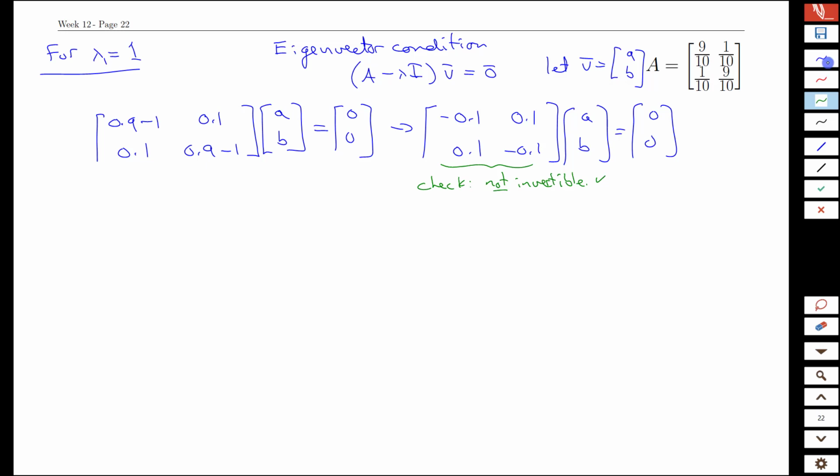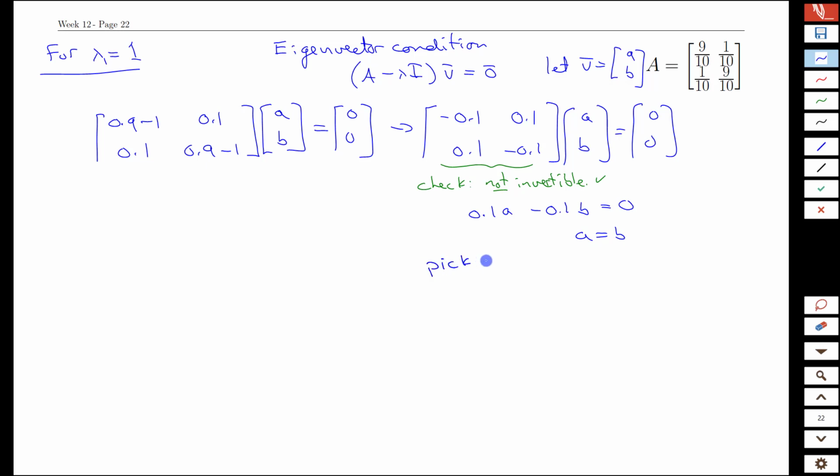And that's exactly what we want. The two rows here are just negatives of each other. And so what we can do is just pull either row that we like. I'm going to pull 0.1a minus 0.1b, the second row multiplying the vector, equals 0. And we bring this over, multiply by 10, you just get that a equals b.